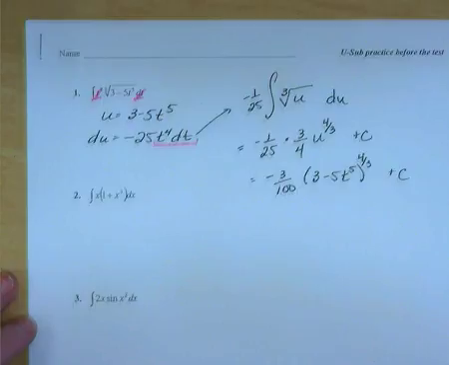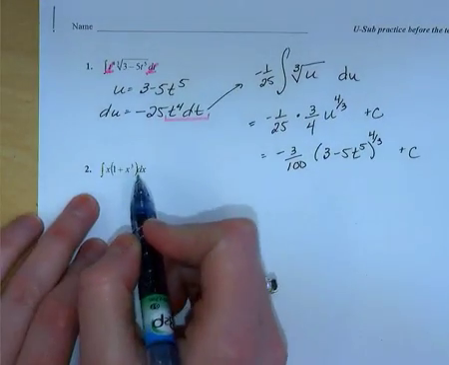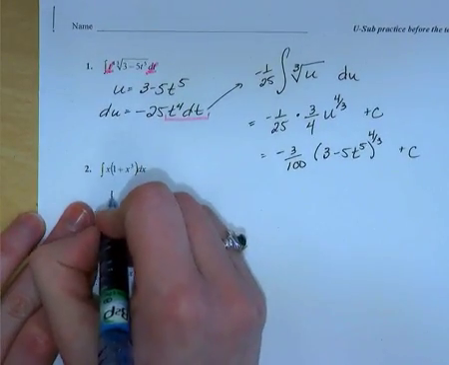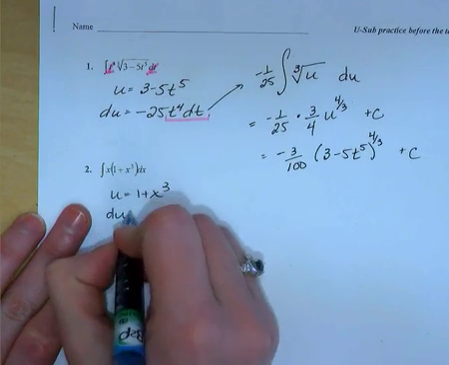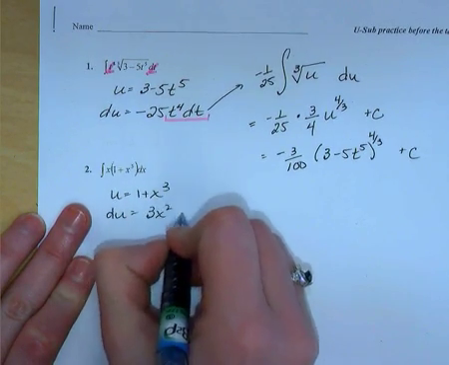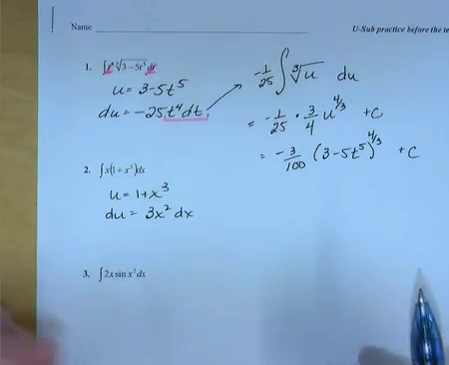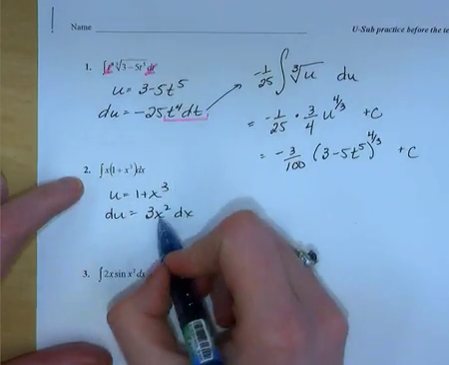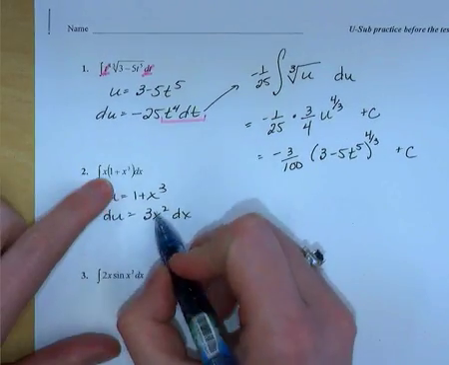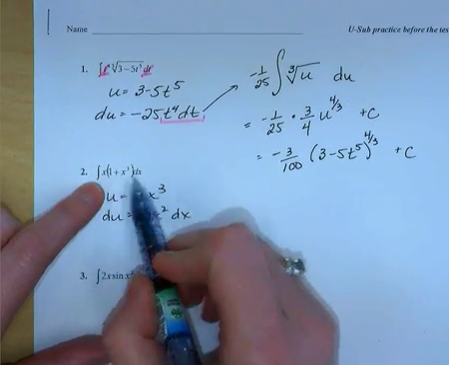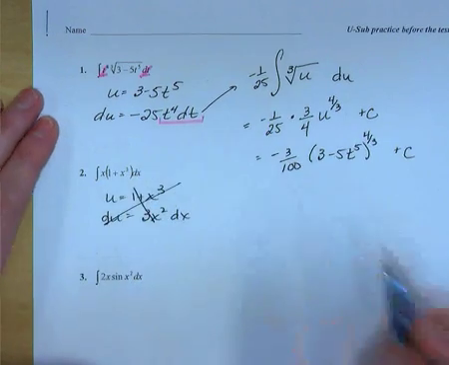Now, for number 2, if I look at this, if I wanted to make u equal 1 plus x to the third, then du would be 3x squared dx. I don't have an x squared. I know the 3 I can compensate with a 1/3 out in front. I do not have an x squared anywhere in this problem, therefore this doesn't work.